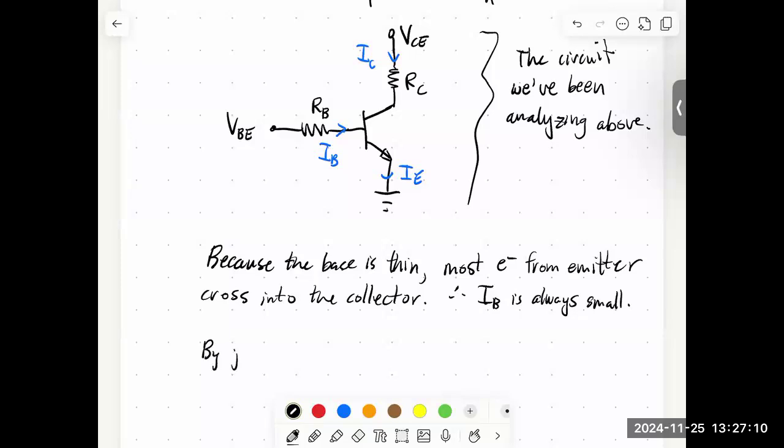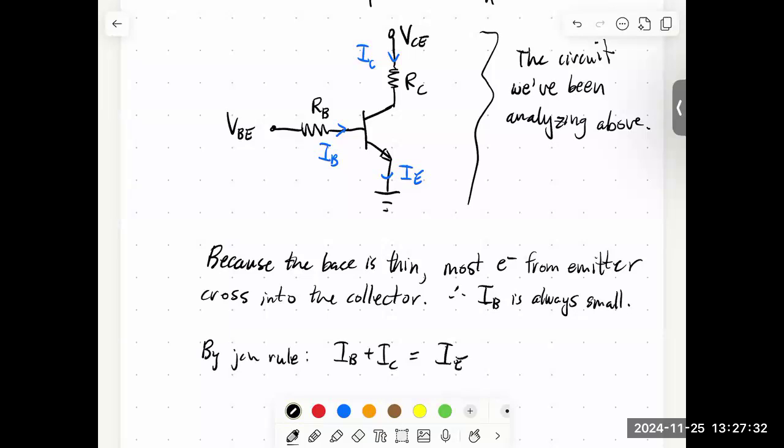By the junction rule, which we just referred to, we would expect that I base plus I collector, which is the current into our transistor, has to be equal to I emitter.